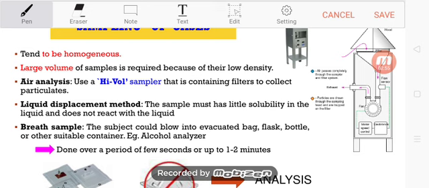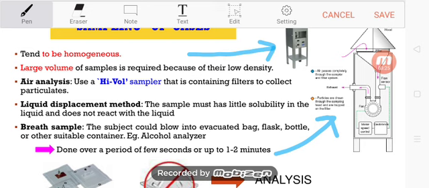The instrument, for example for air analysis, you need to use a high volume sampler as shown at the right side of your slide. This one. This high volume sampler contains a filter to collect the particulate.